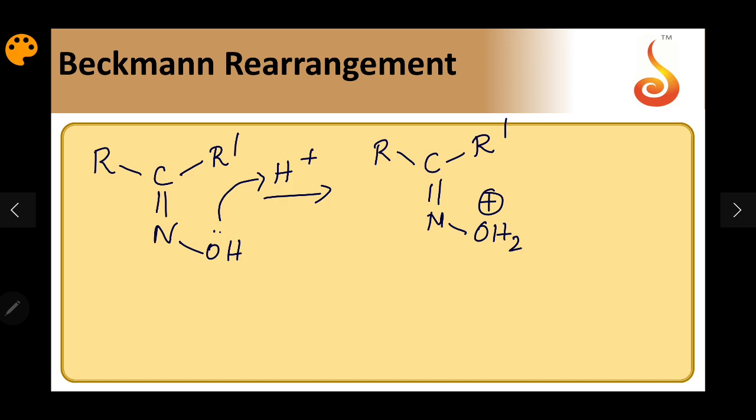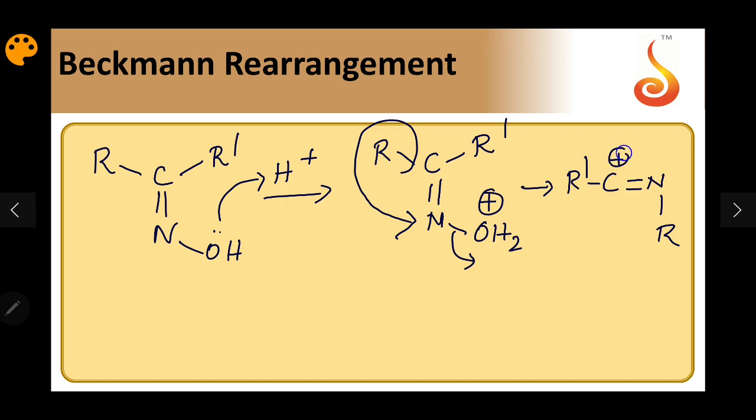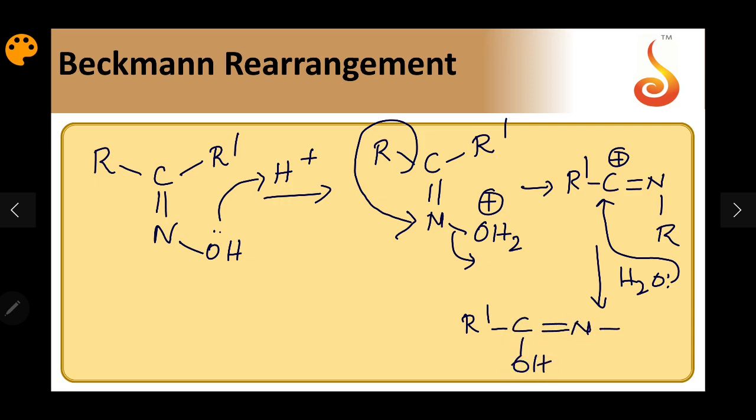When OH2 goes, the migration of the anti group will happen. So the anti group will migrate and water is pushed out. So I'll get R dash C double bond N R, and carbon will have the positive charge. Now water will attack as a nucleophile again. So I'll get R dash C OH double bond N R. So it tautomerizes.